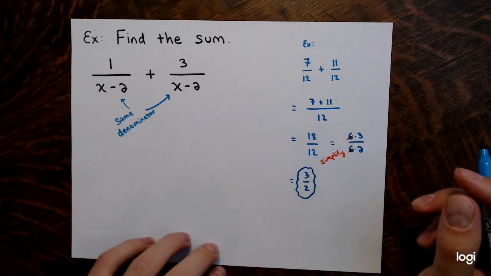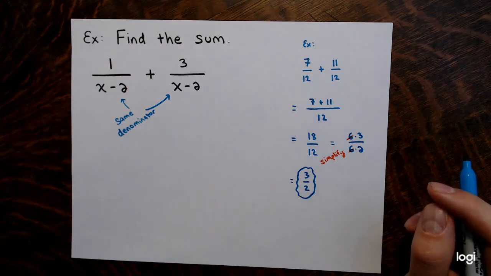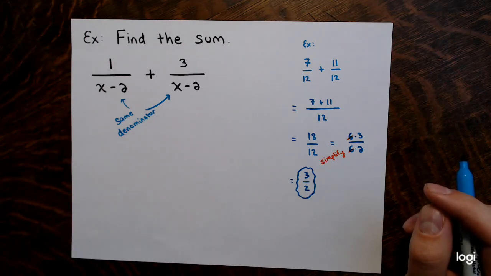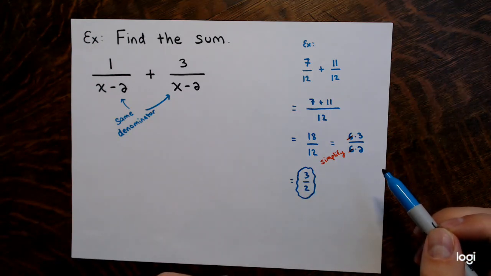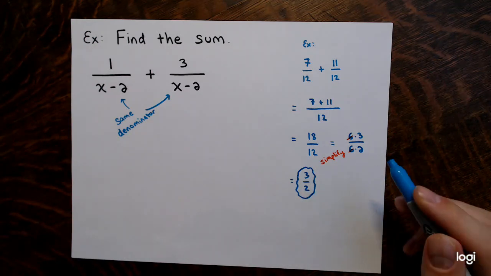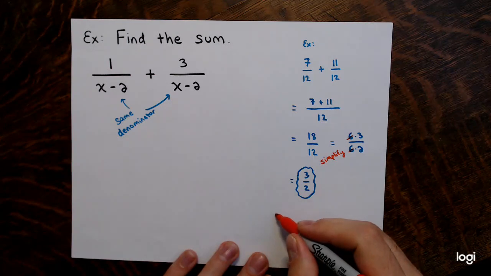So we're going to want to do that as well. Completely simplify our sums. Make sure that the numerator and denominator of our sum don't have any common factors other than 1. And in general, the addition of fractions with a common denominator will look like this.